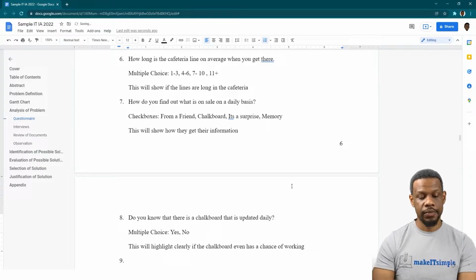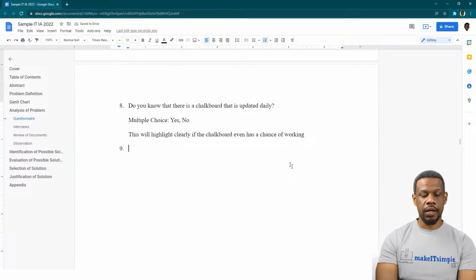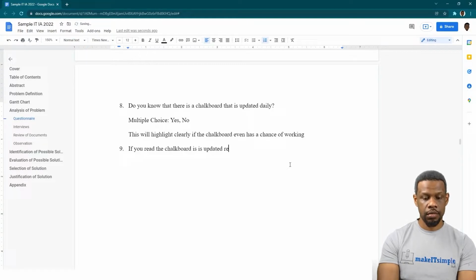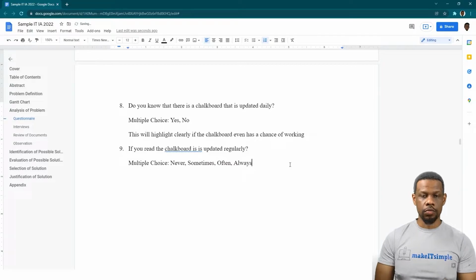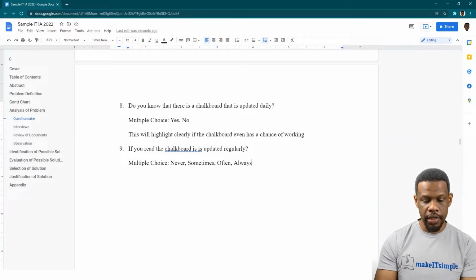Right, and then 9, you would say, if you read the chalkboard, is it updated regularly? And then you could put multiple choice, and you'll put never, sometimes, often, or always. That now gives you the information about, okay, this mysterious chalkboard that they write on, do they get that information? Is it updated regularly?